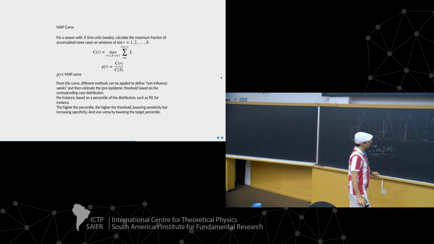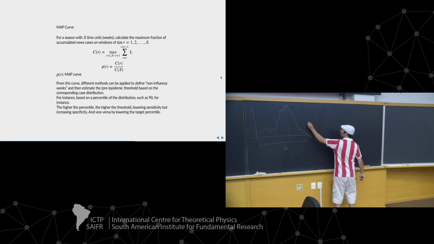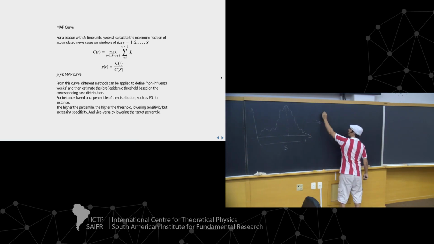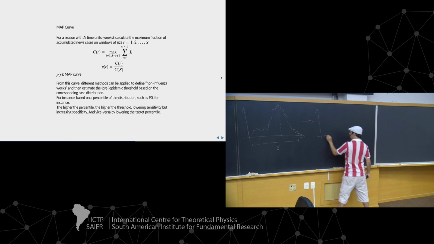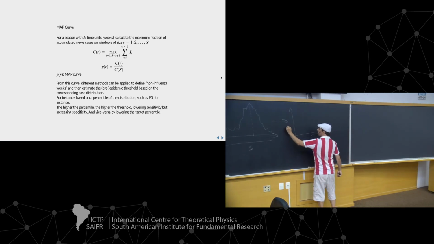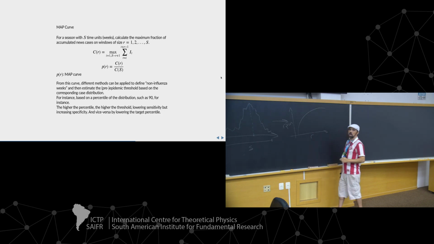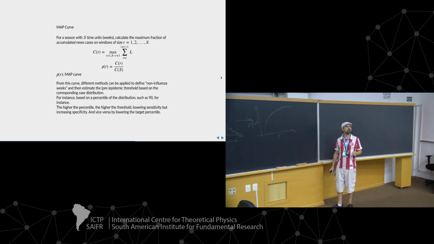So from a given season, I will construct my MAP function P of R that I expect to be something like this, more or less. It should look something like that.